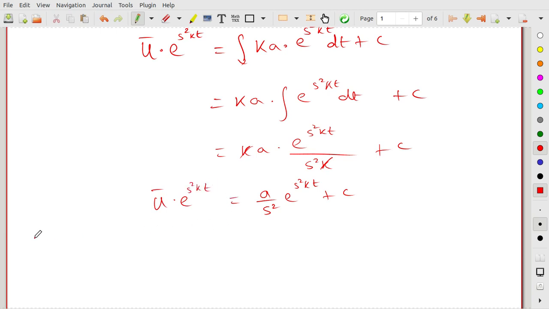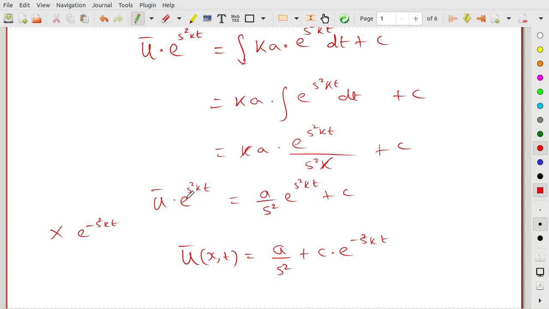So we are multiplying both sides by e power minus s square kt. Therefore we have u bar of x comma t equals a by s square plus c into e power minus s square kt, because if we multiply both sides by e power minus s square kt, we have u bar into e power s square kt minus s square kt.